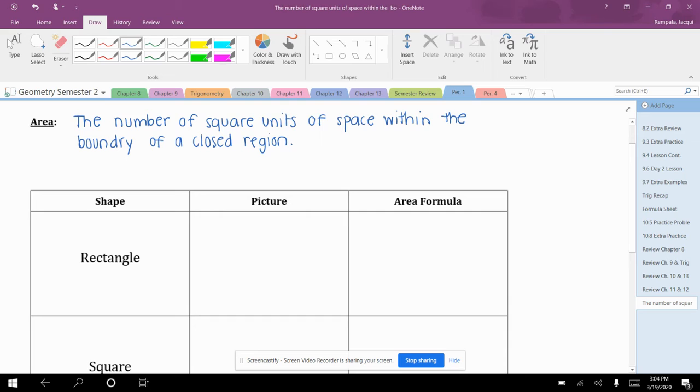Okay, so square units of space within a boundary of a closed region. All right, so we need to be dealing with shapes that are completely connected to each other. And so a couple of the shapes that we're going to be talking about in this particular video would be a rectangle and a square.